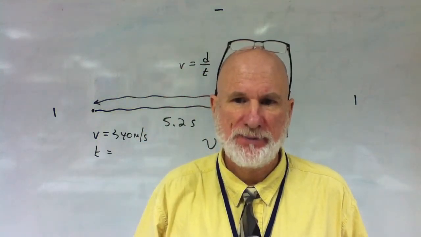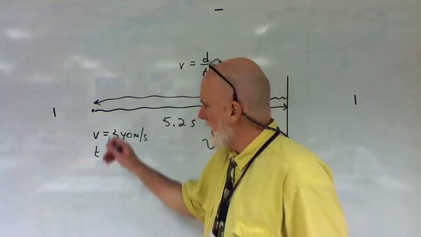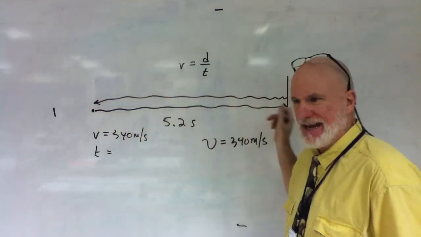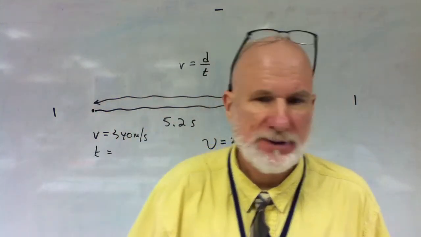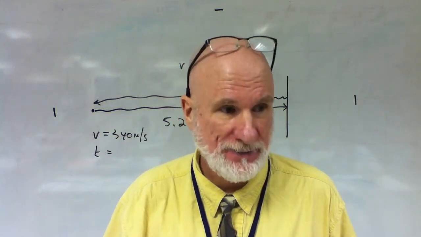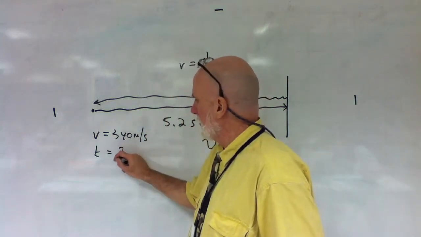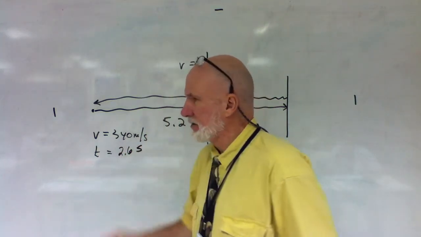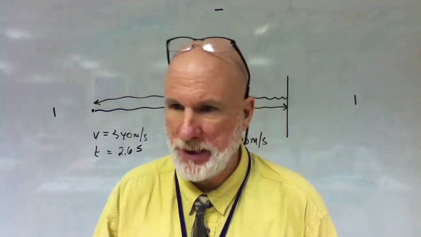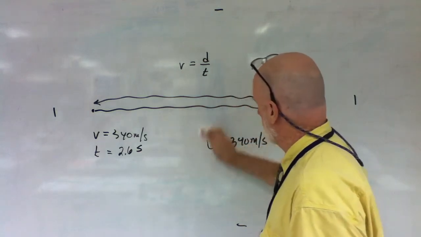Because that is the round trip. So if it's going to be 5.2 seconds round trip, how long is it going to take to get there? 2.6 seconds, correct? Isn't that correct? Yeah. So the distance is based on 2.6 seconds, correct? So the answer would be based on 2.6 seconds. Yes?